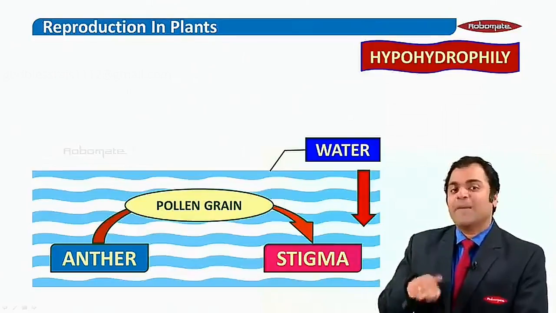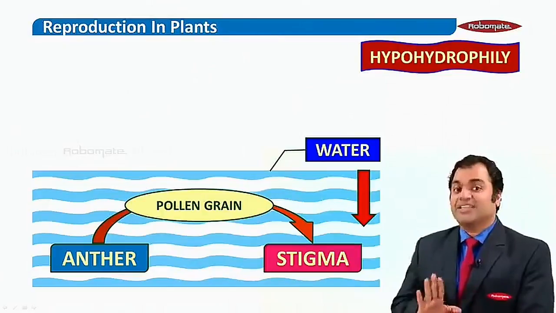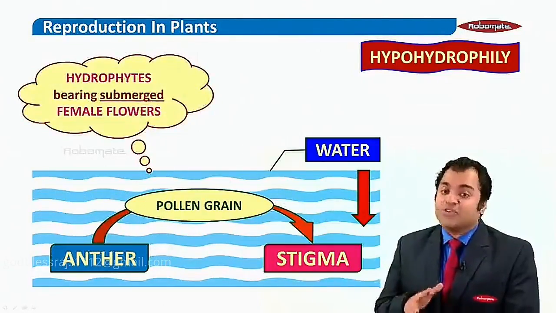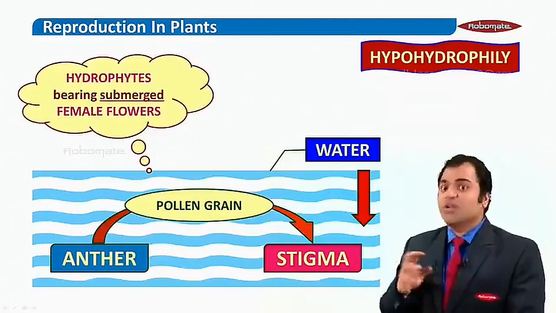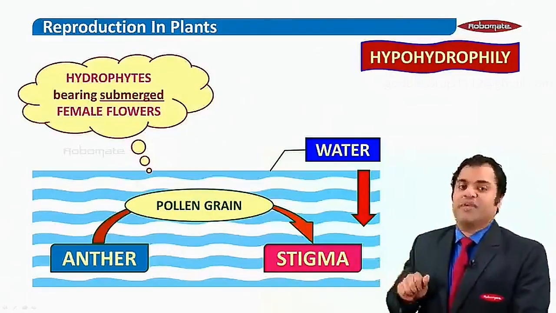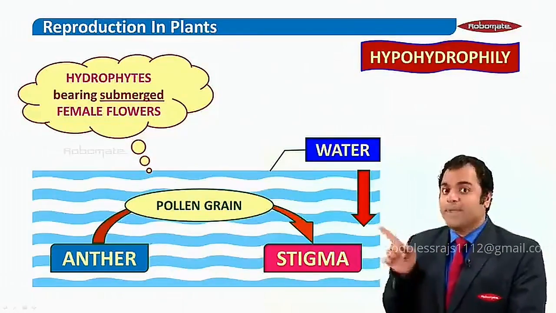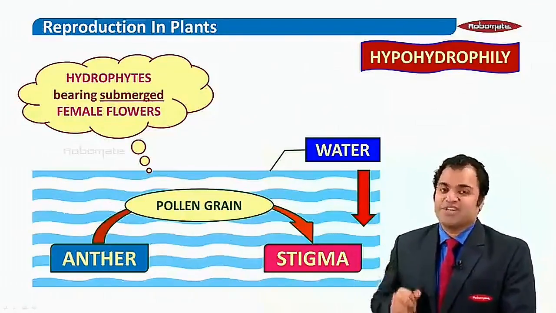Hypo meaning below, hydro meaning water, and phily meaning attracting. Does that make sense? Now, moving on. You should know that hydrophytes that show hypohydrophily will usually bear submerged female flowers, because remember, all the action has to undergo below the surface of water. So the flowers must be submerged, right?